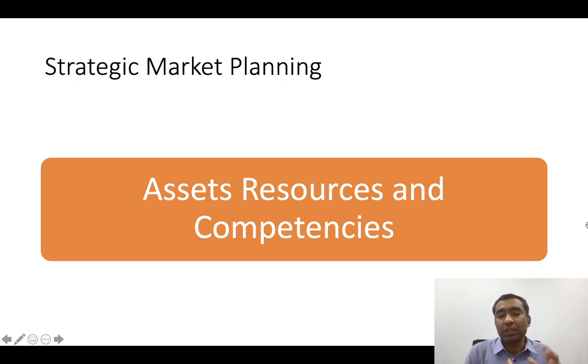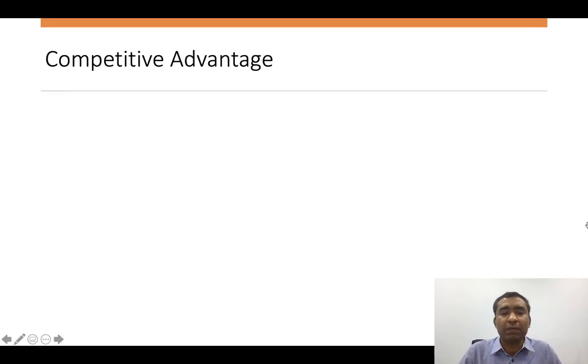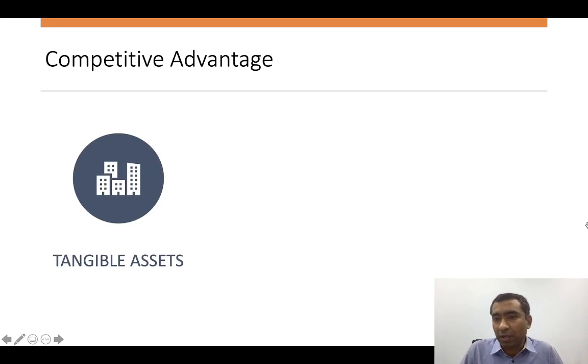These competitive advantages can come from your assets, resources, or your core competencies. This is important: competitive advantage is something every organization must want to attain. They want to differentiate themselves from competitors, or have some added advantage over their competitors. This is where competitive advantages come from.